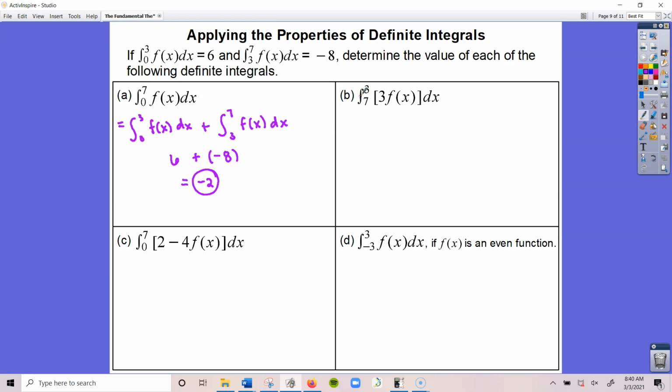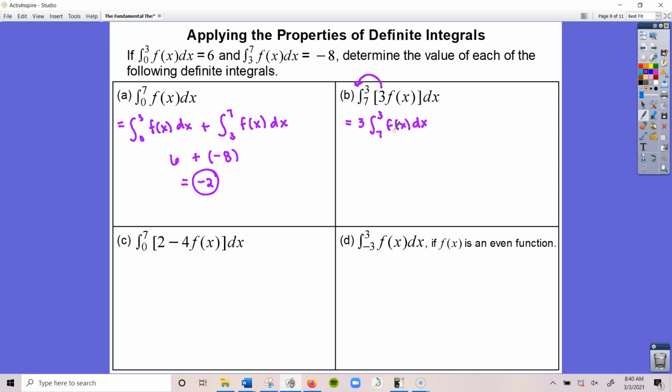Now here we have the integral from 7 to 3 of 3 f of x. First of all, we can take this 3 and move it to the outside. So this is the same thing as saying 3 times the integral from 7 to 3 of f of x dx. Additionally, you should notice those limits of integration here are reversed, because the lower limit should be on the bottom and the upper limit on the top.